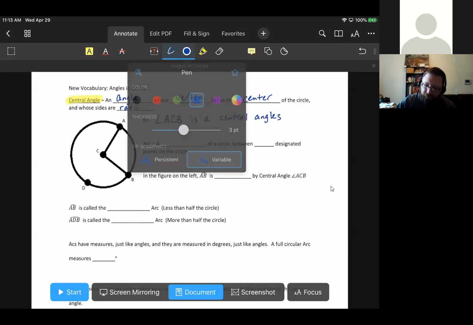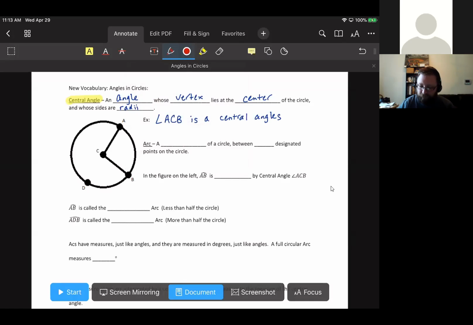Now this brings up another important term that goes with circles, the idea of an arc. An arc is a portion of a circle between two designated points on the circle. And there's notation for this. If you can't tell, there's a little curved line segment over AB here.